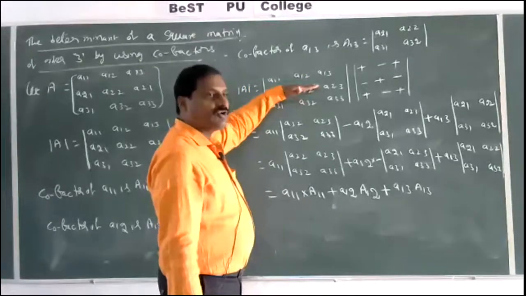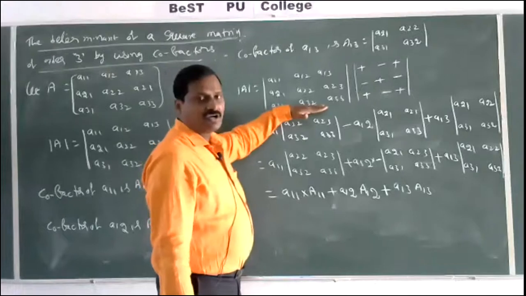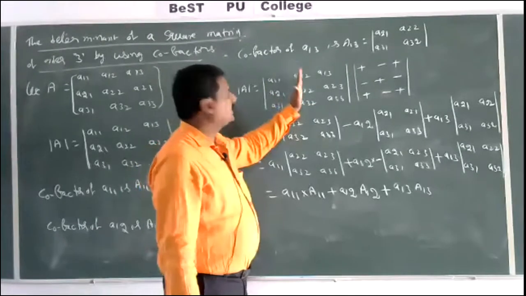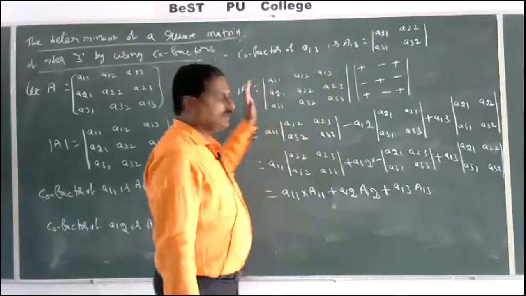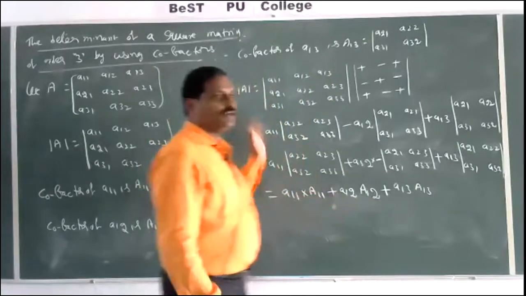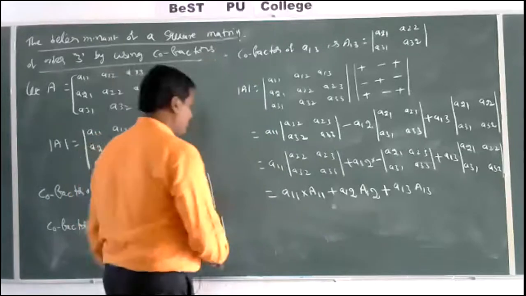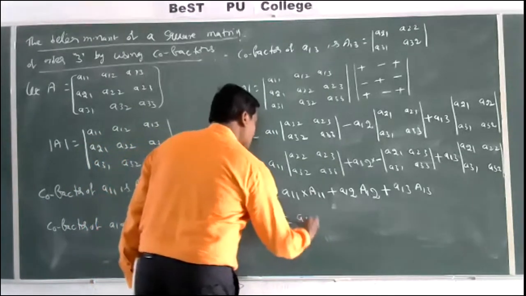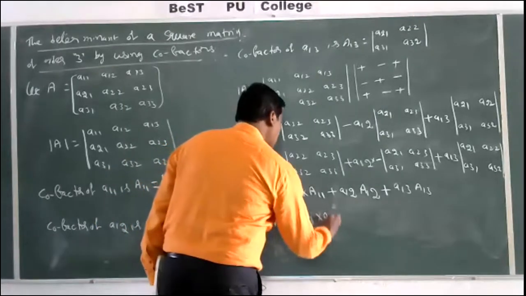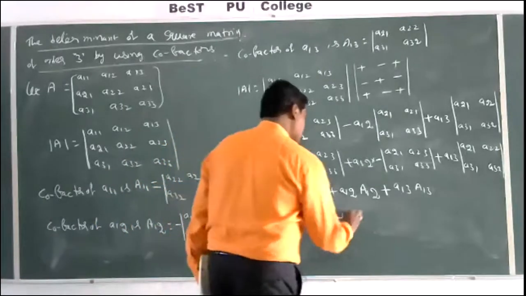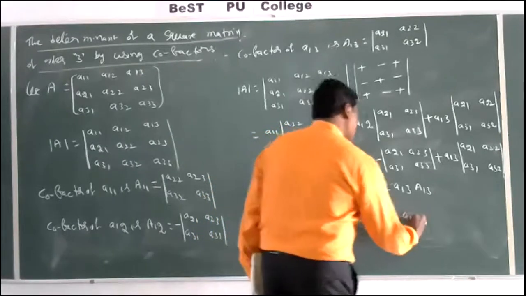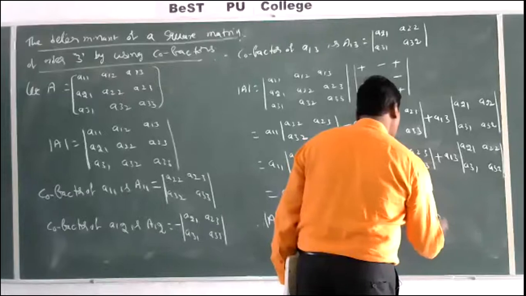You can take the second row also, and you will get det A. You can take the third row also, det A. In the same way for the first column, second column, third column, that value is equal to the determinant of the matrix. Therefore, det A is equal to A11 capital A11 plus A12 into capital A12 plus A13 into capital A13.